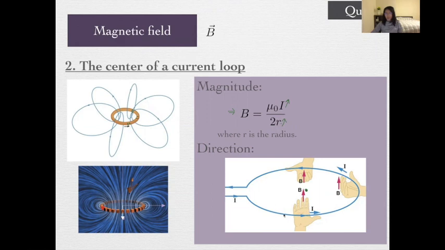So now my current has all kinds of different directions, so let me just pick a point and go from there. If you put your hand here, with your thumb pointing in the current direction, your four fingers will want to curl back like this.